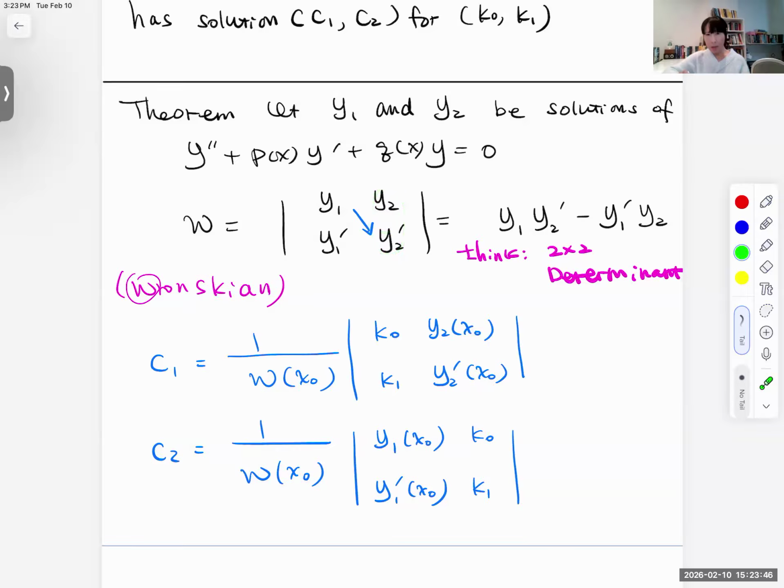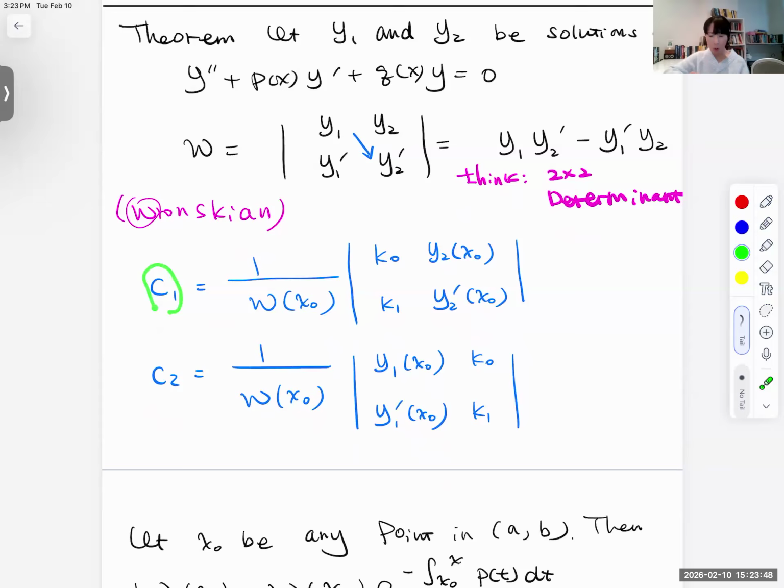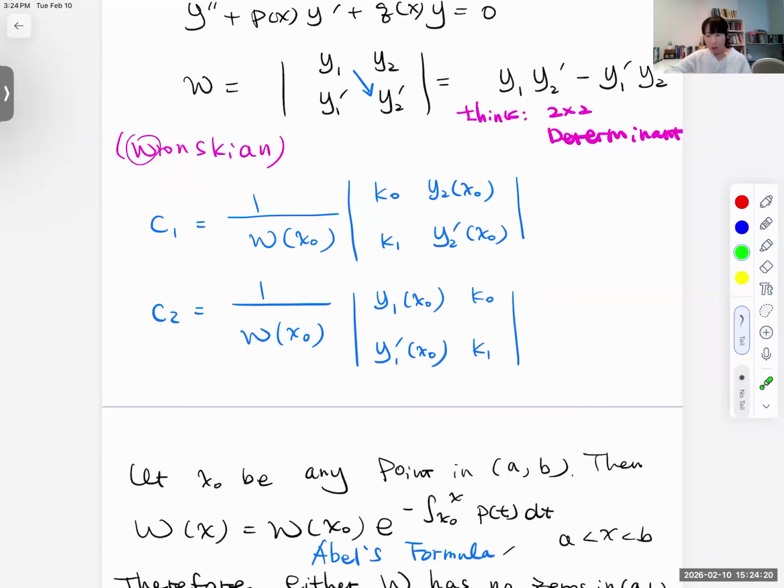Okay, now how do you solve for c? C sub 1 equals 1 over the Wronskian at x naught. We plug x naught into the Wronskian, and then we have k naught, k sub 1, and y sub 2 at x naught, y sub 2 prime at x naught, right? And we make a determinant here again. Can you see that?